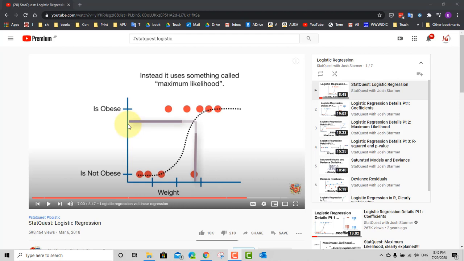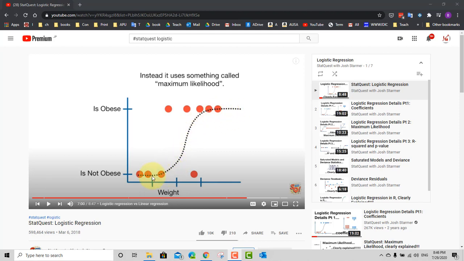If the prediction is closer to "is obese," then we're going to say it's obese. And if it's closer to "is not obese," for example, if we had a weight here and we went up and over to here, that's closer to "is not obese." So the point is we're going to use this as a predictor.